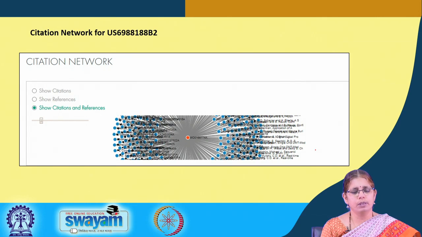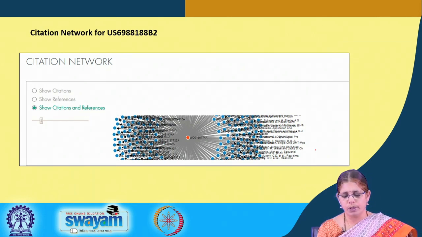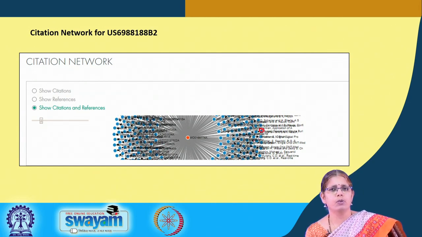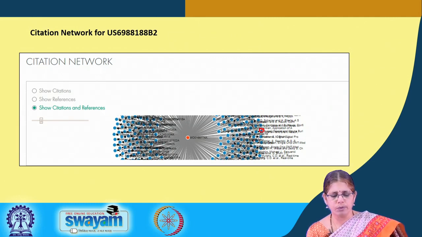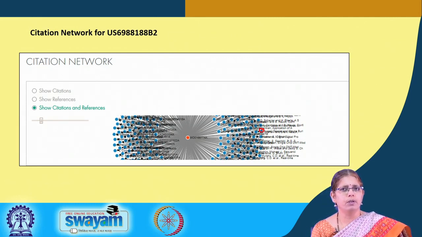When you do it in real time, you can see that this is an evolving image, where if you press on this particular blue button, you can see the expansion of the portfolio beyond that. This is where you can find a lot of interactive visualization of these tools in relation to a particular patent.